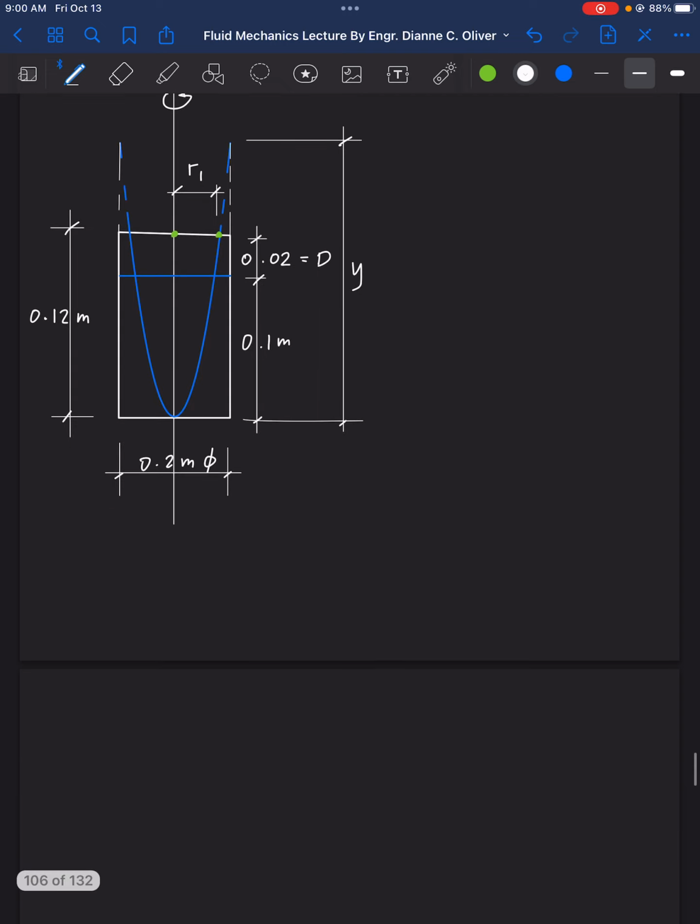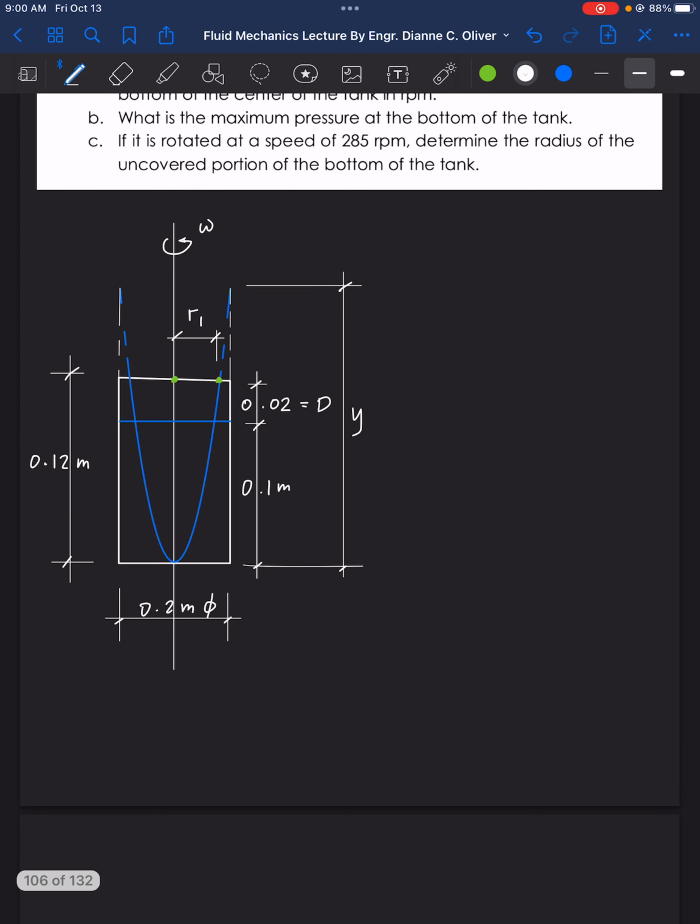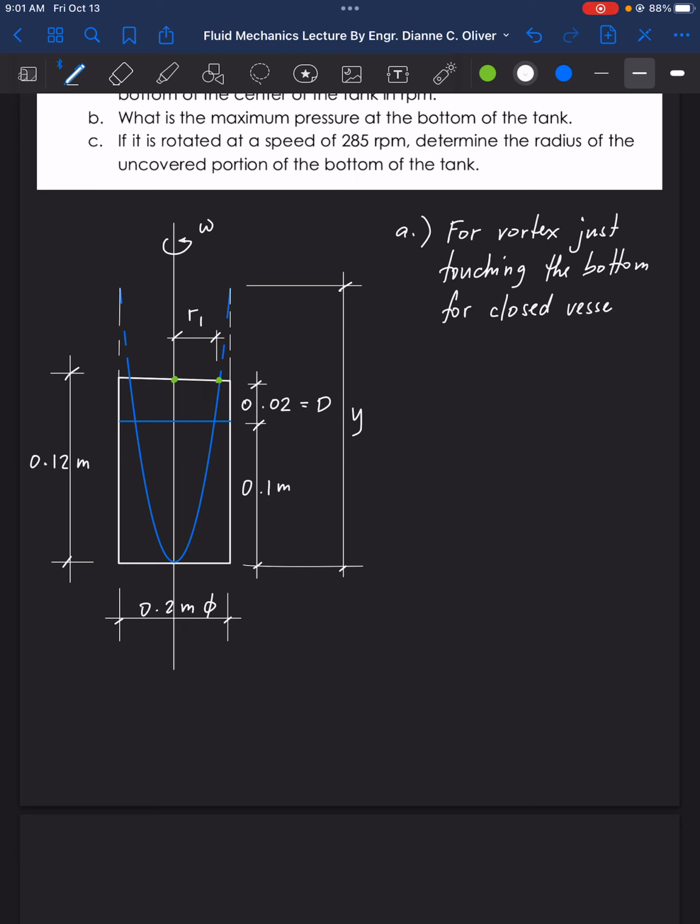Now for letter A, for the vortex just touching the bottom, for a closed vessel, we have the formula for y, the total height of the paraboloid.